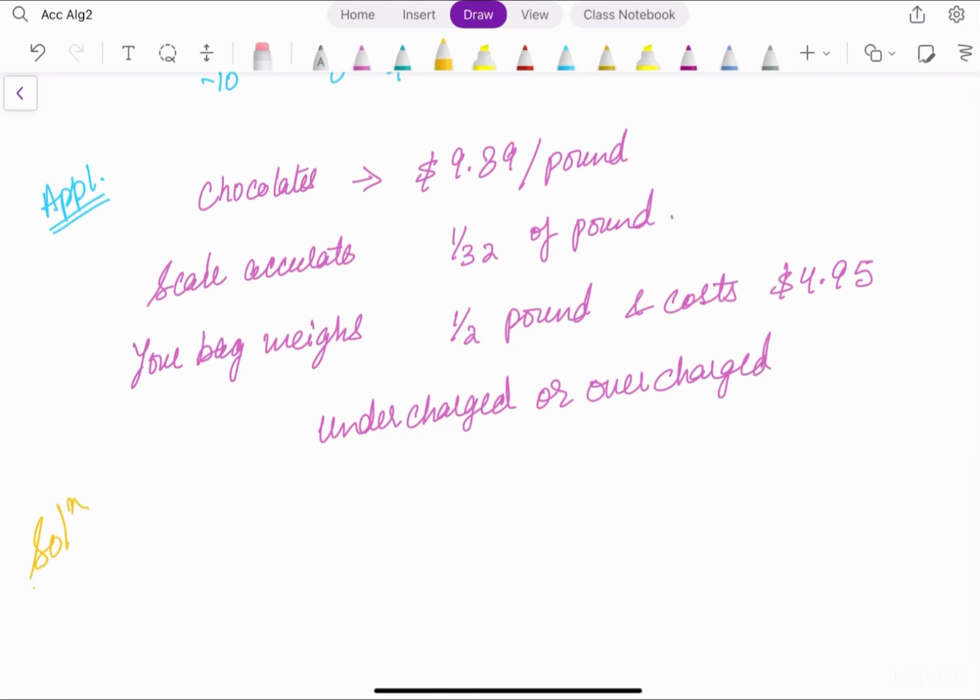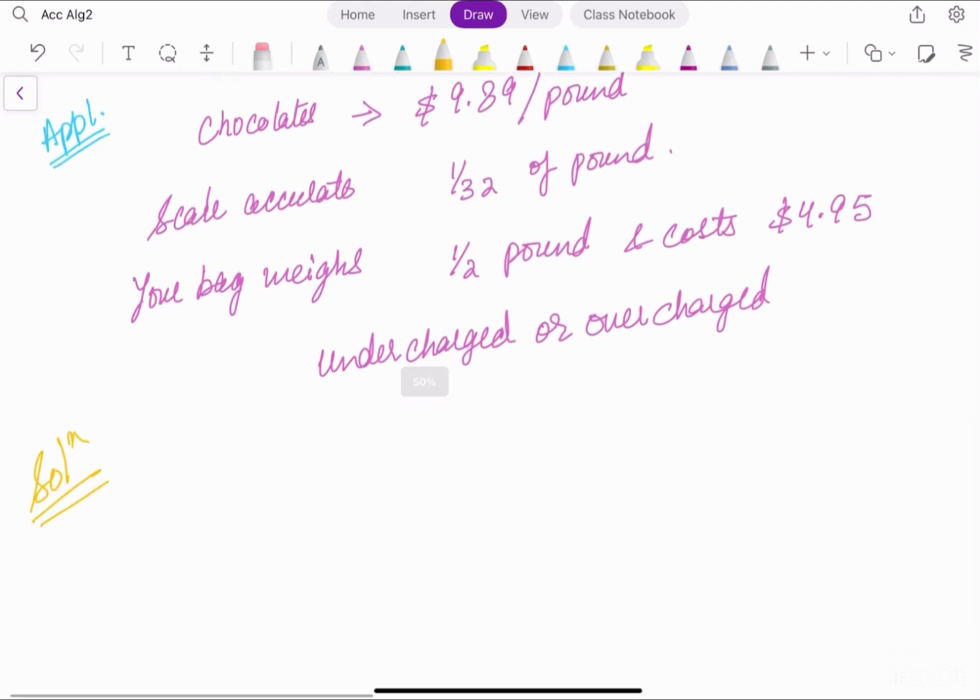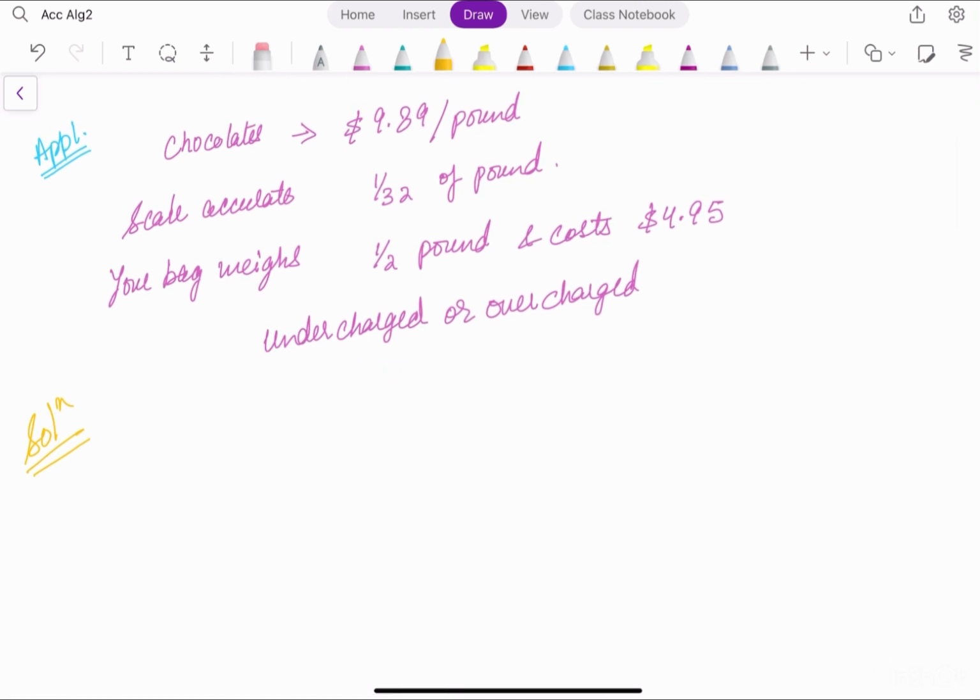So let's say the actual weight of the chocolate be A, because there is a variation because of the accuracy of the scale. So let A be the actual weight, and the scale accuracy is 1/32.